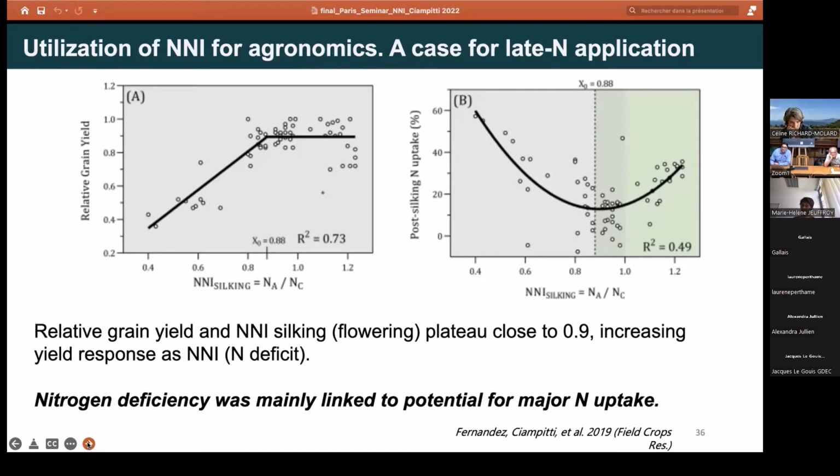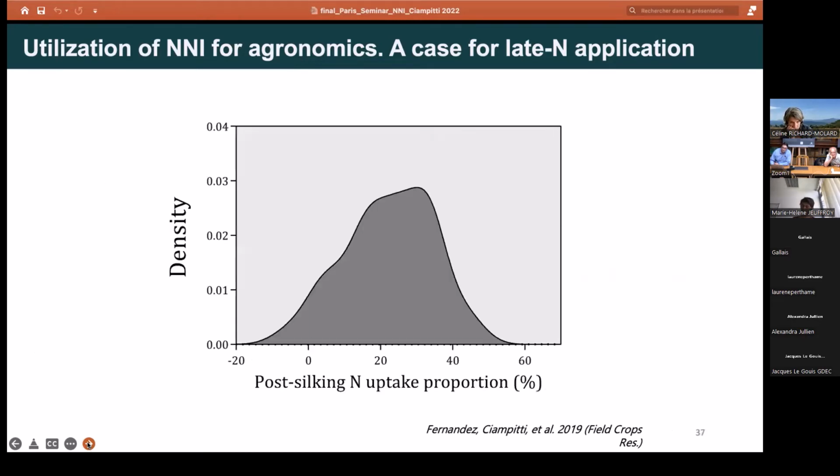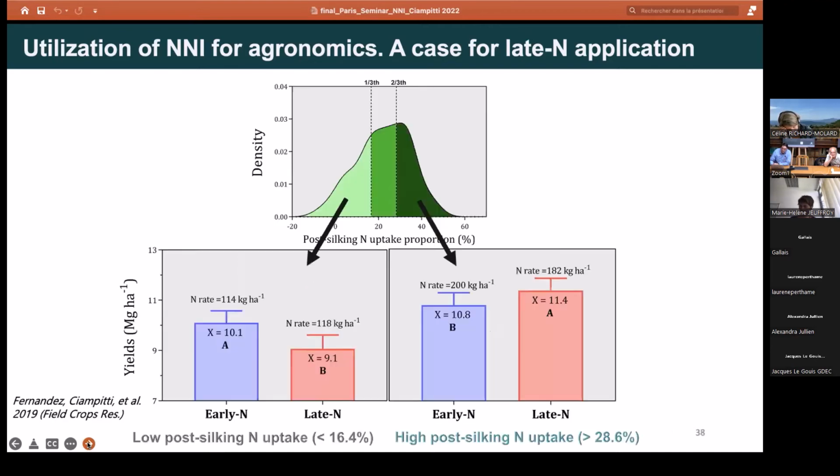And after we did this, we divided the data set, very simple, into 3 sections: low post-silking, medium post-silking, and then high post-silking uptake. And then once we did that, we started seeing that the group with low post-silking uptake didn't have any response to application of late nitrogen.